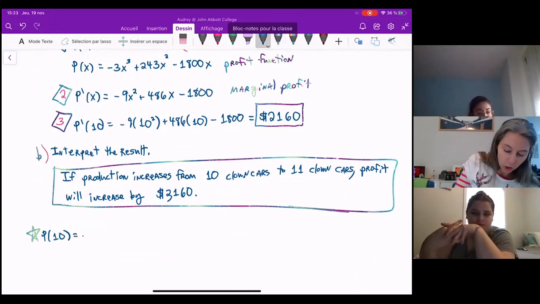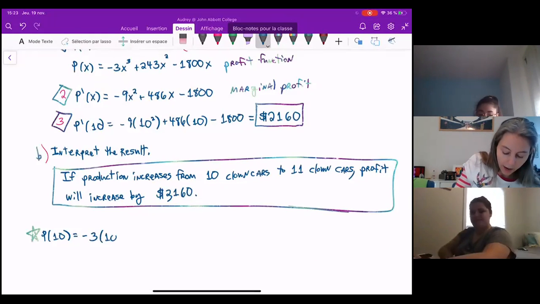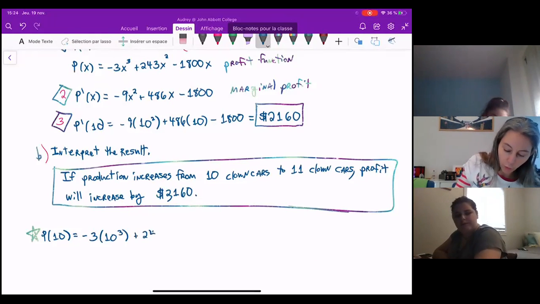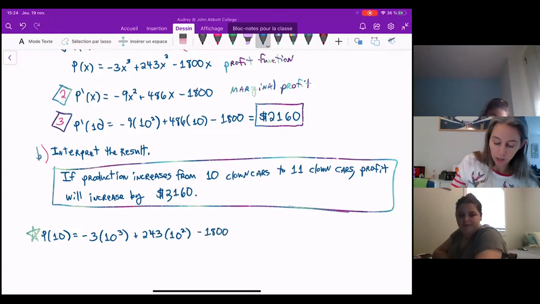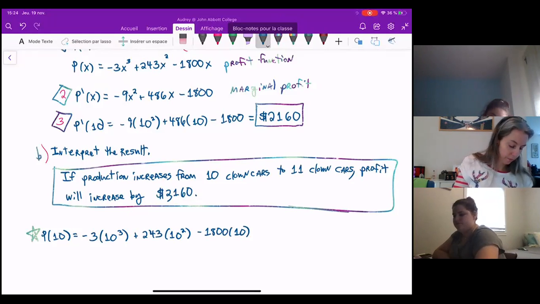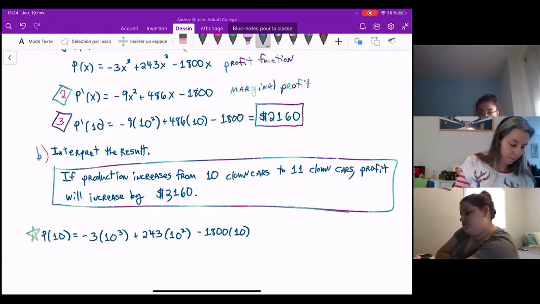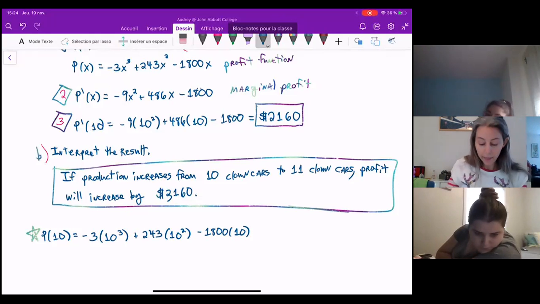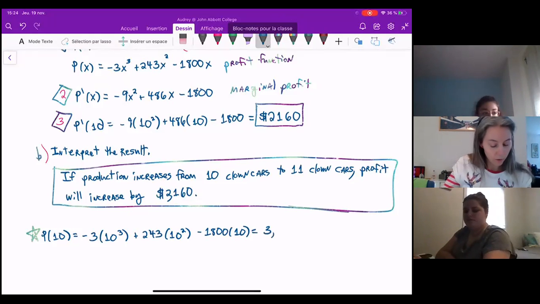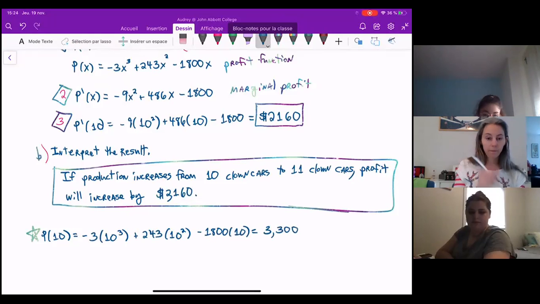My profit function is -3 times 10 cubed plus 243 times 10 squared minus 1,800 times 10. And that gives me 3,300.